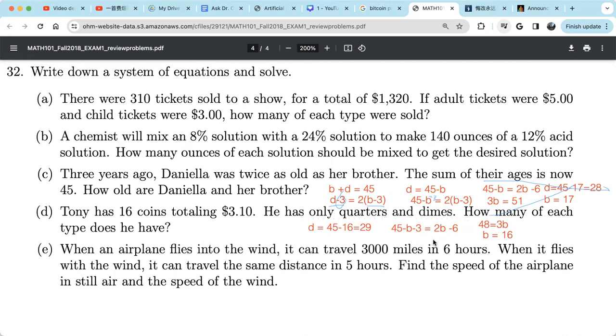Let me see what's going on. Because it's twice as much, so the age should be an even number. You see that? Oh, yeah, 3 years ago. So 29 minus 3 is 26. Indeed, 26. Then her brother's age is 16 minus 3, which is 13. Of course, 26 doubles 13. Yes, right. So Daniela's age now is 29, and her brother is 16.